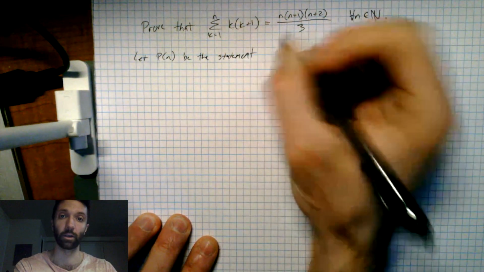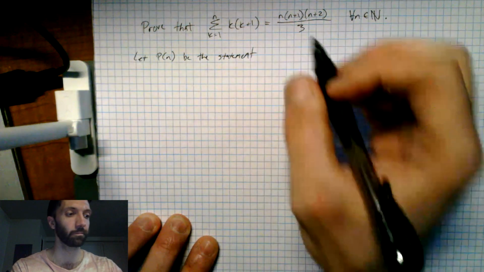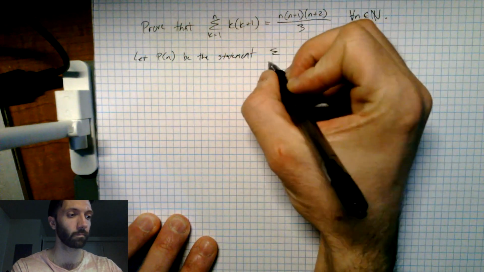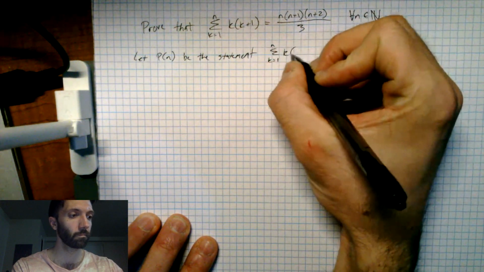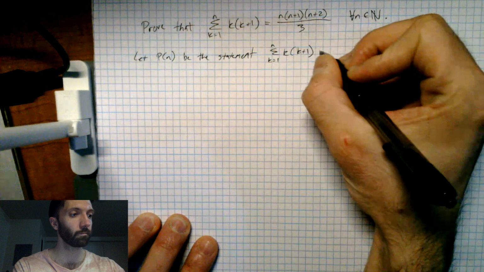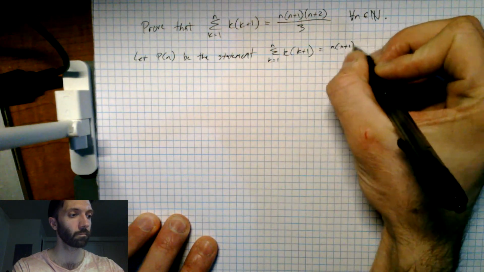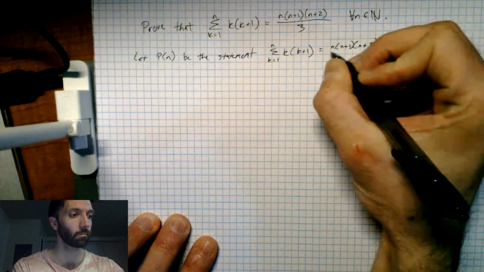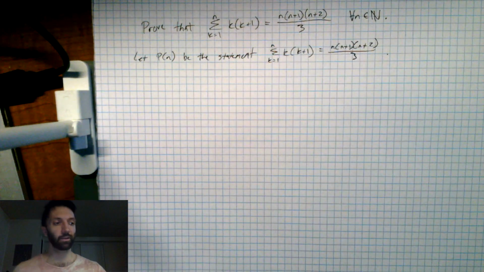Because again, this is an equation, so equations are mathematical statements. Okay, so that's step 1, is to define P of n.